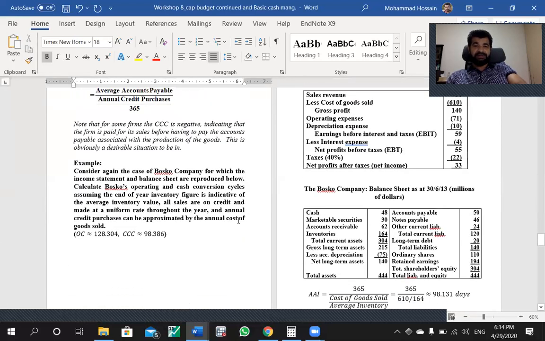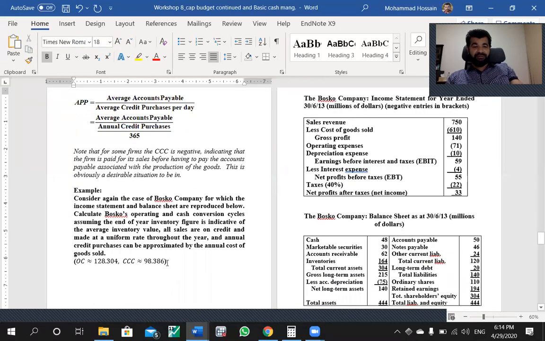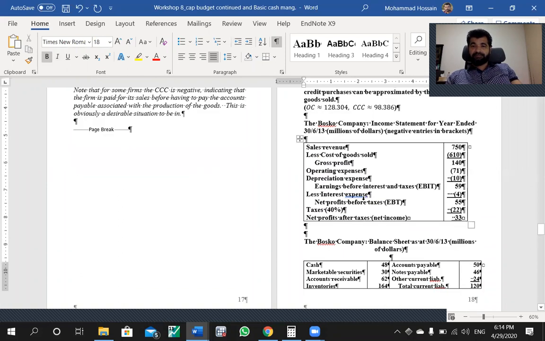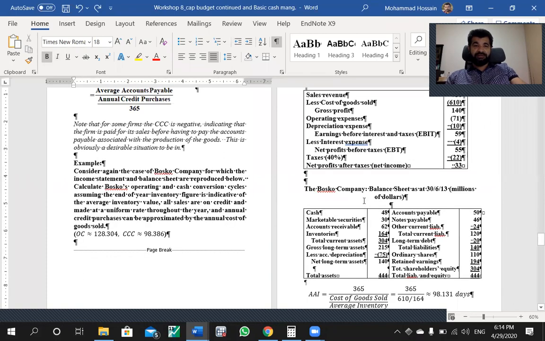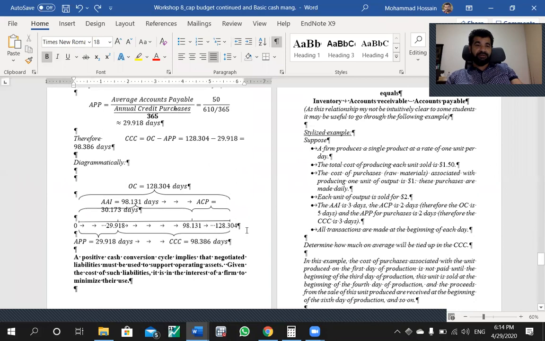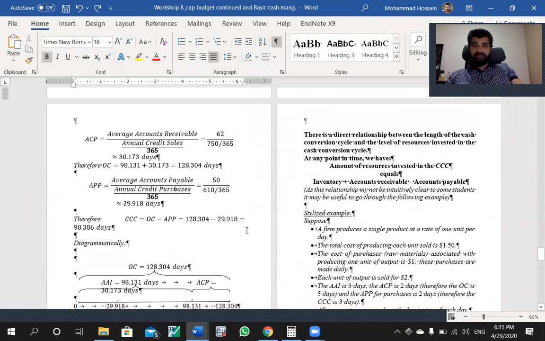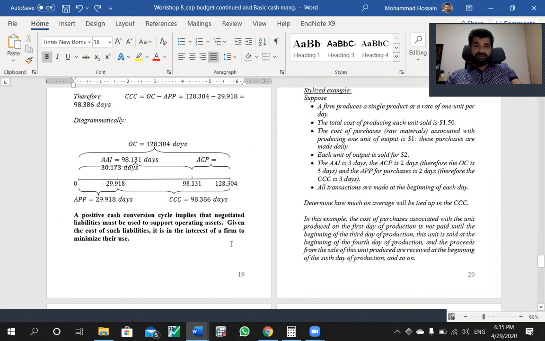And what else are we going to see? This is the Bosco company. And this is another one we'll be discussing. There's nothing much actually.